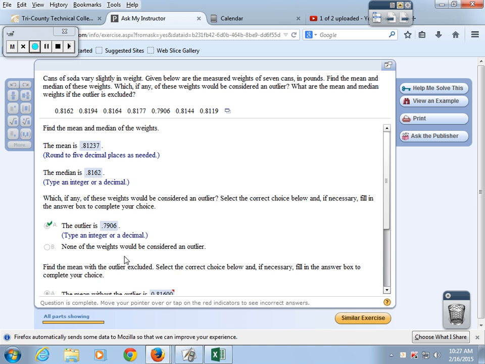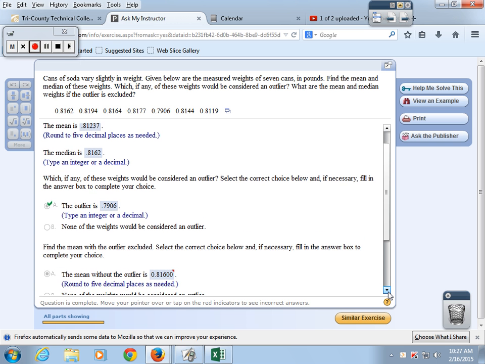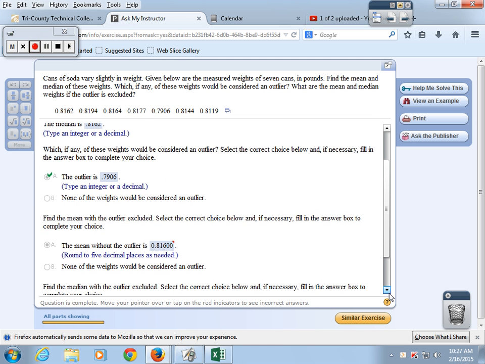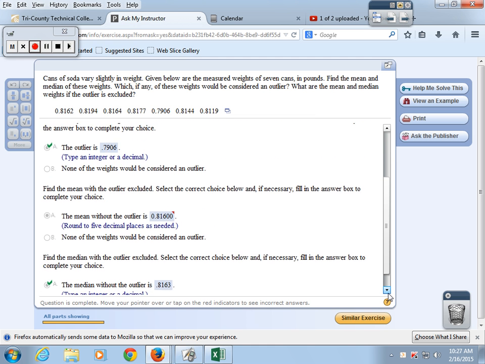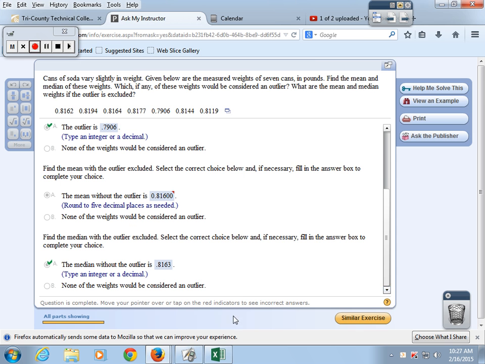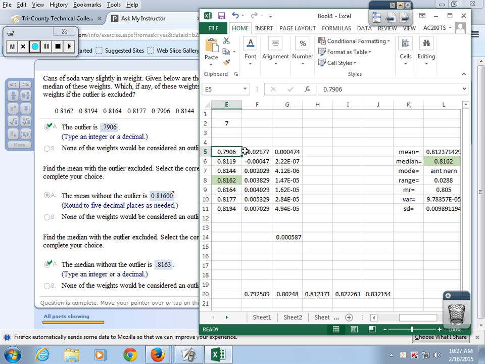All right, it says find the mean with the outlier excluded. Select the best choice. Let's go back to our Excel spreadsheet and let's take that one out. I'll put in 0, but I've got to move this to 6. There.